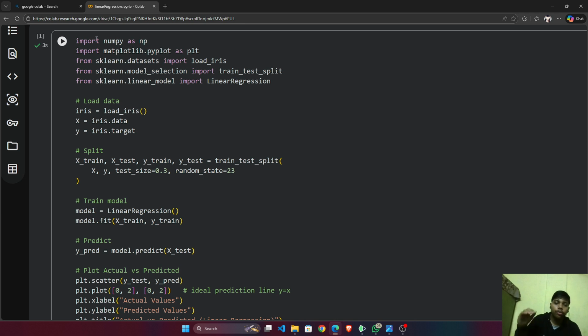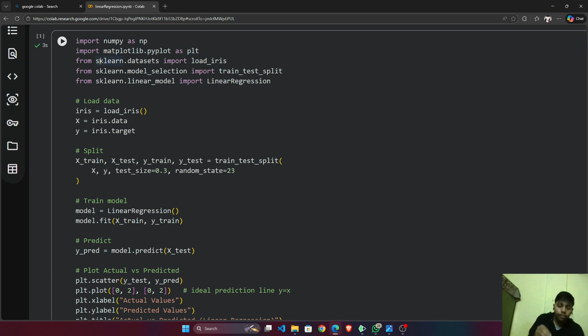We import NumPy for basic calculation, and matplotlib to plot the graph later. That is why we have called matplotlib pyplot, which is named as plt.